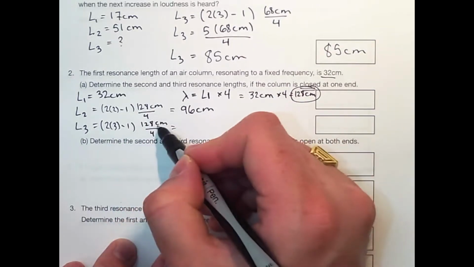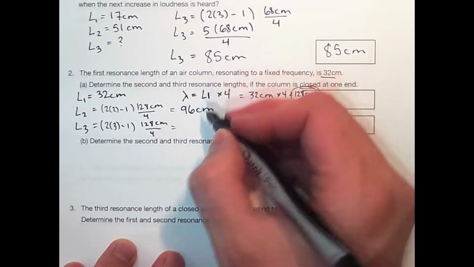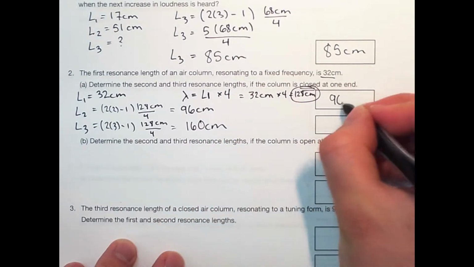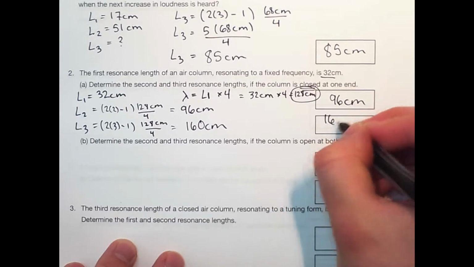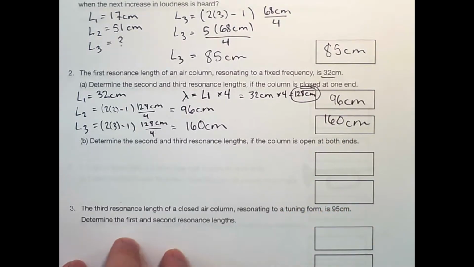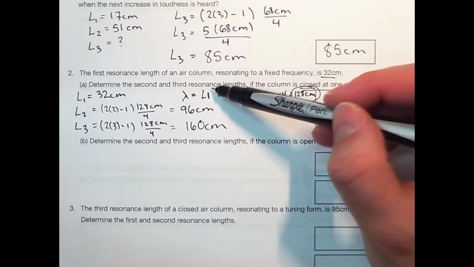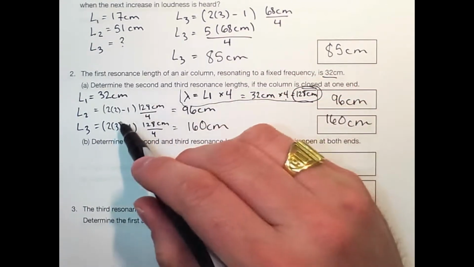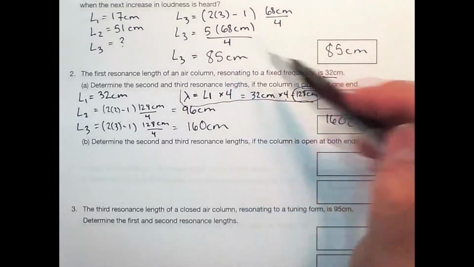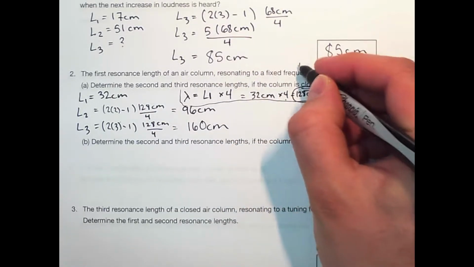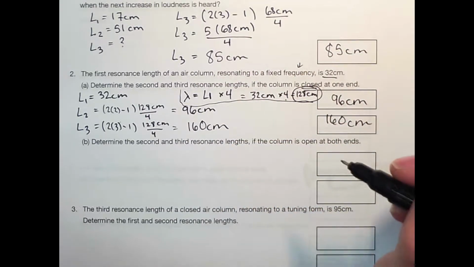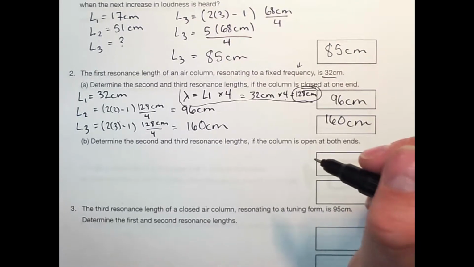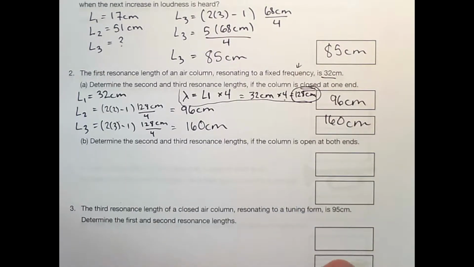And L3 is 5 times 128 divided by 4, which would be 160 centimeters. So finding the wavelength is your first thing that you have to do. Then use the wavelength in your length equations. Again, it does mention the word frequency, but it doesn't give you any values for frequency. So you are just going to continue using what we've used above.